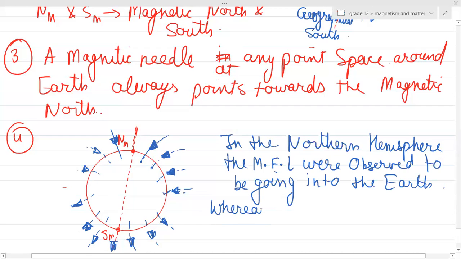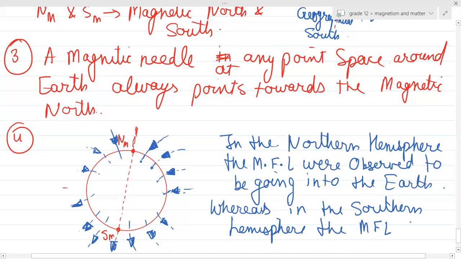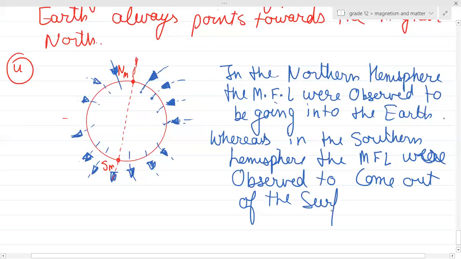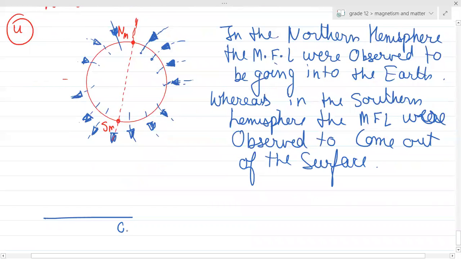whereas in the southern hemisphere, the lines come out. So if I have any point on the northern hemisphere, suppose this is the ground level.